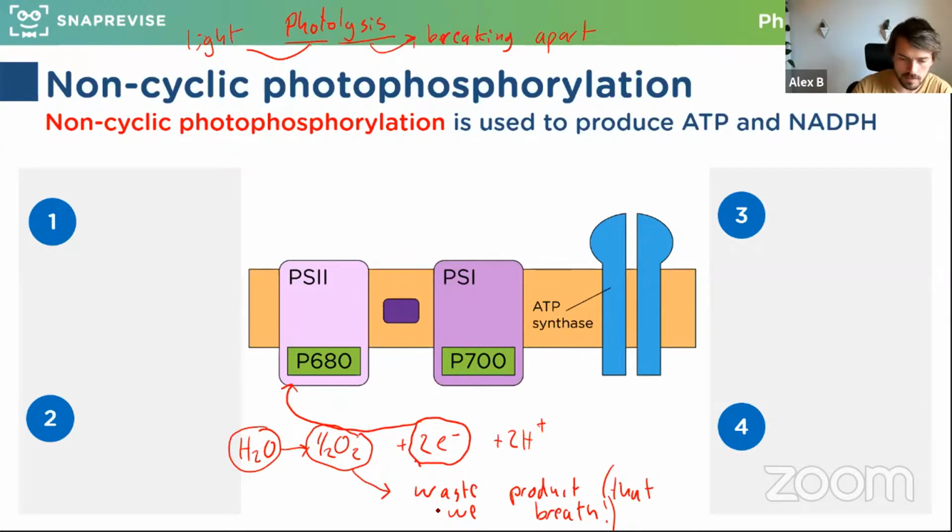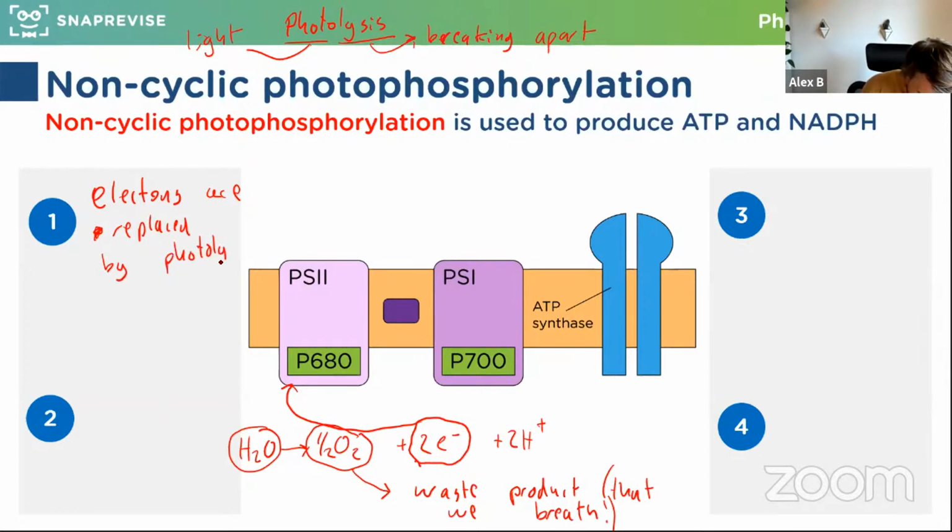So let's add some labels to this one. Electrons are replaced by photolysis of water.